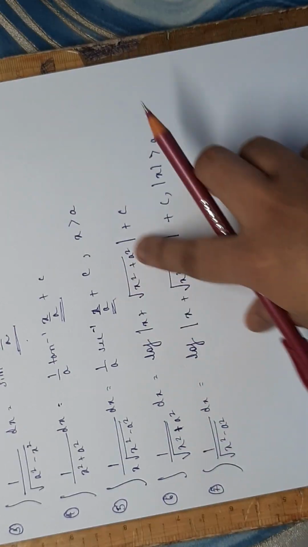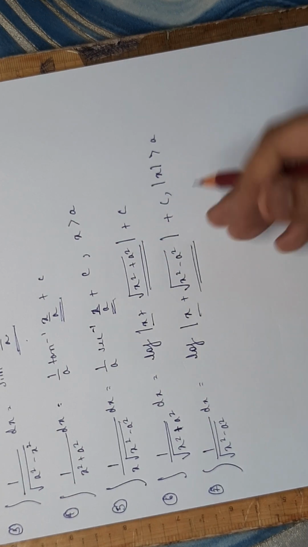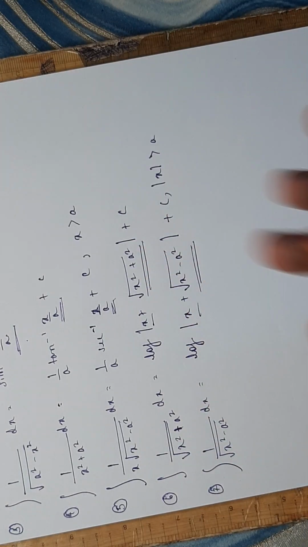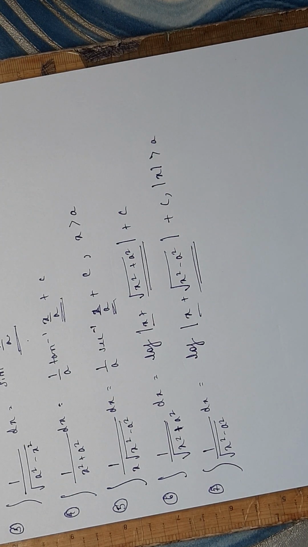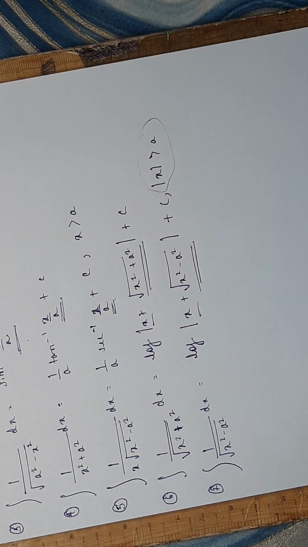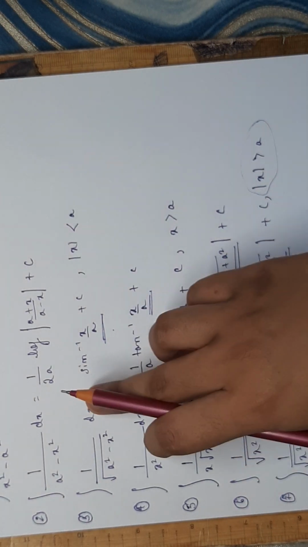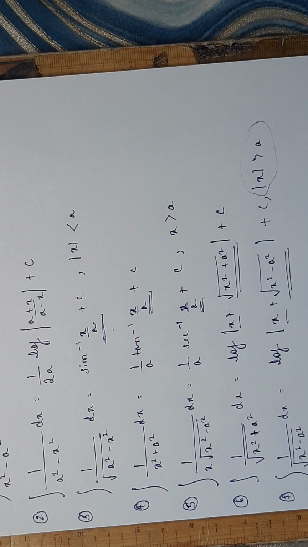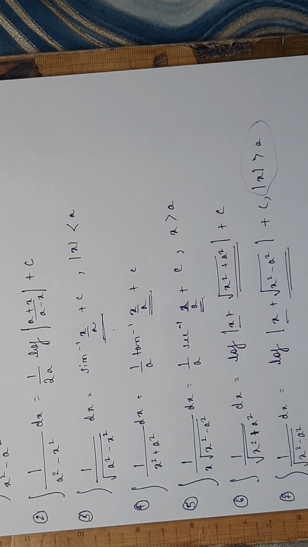In the other term, the first term is x in both of them, and the second term is simply the denominator which has been placed here, and the mod of it plus c. The only difference is this condition. Always remember, whenever you have a negative sign, specifically in this formula, you will have to remember these conditions as well. Is that clear? I hope it is, because possibly I have explained it all.